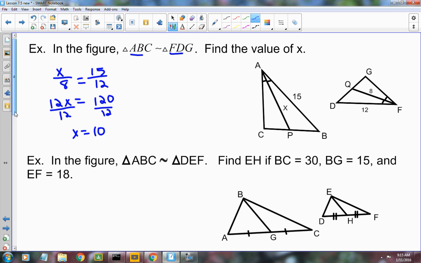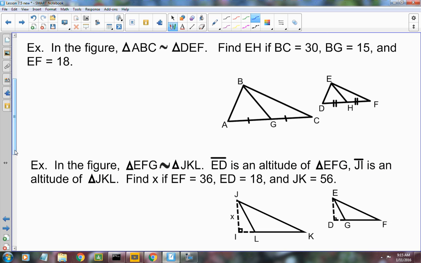All right, let's look at the next one. In the figure, triangle ABC is similar to triangle DEF. It wants us to find EH, so this is what I'm looking for, and it says that BC is 30, BG is 15, and EF is 18. All right, so what are these?